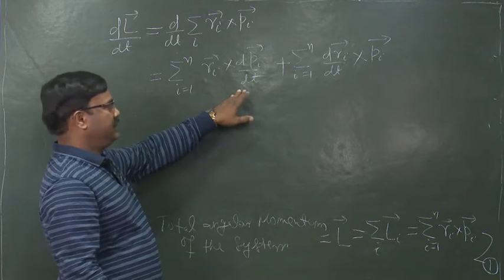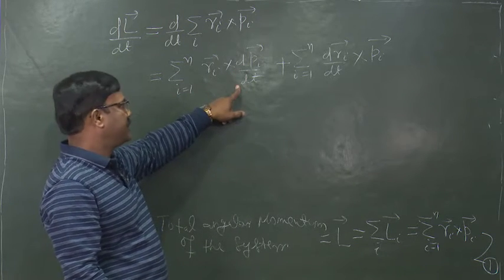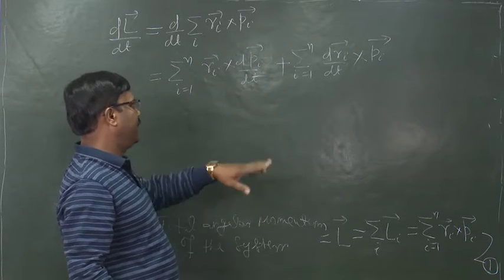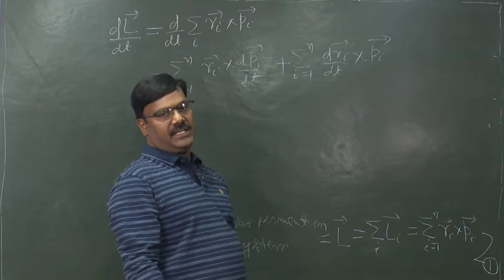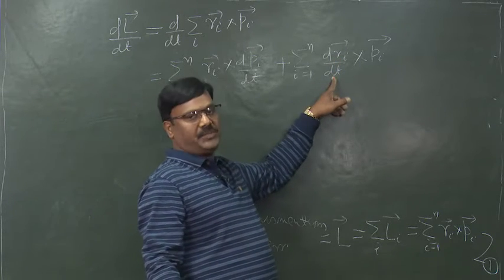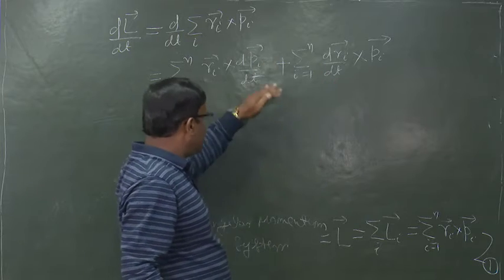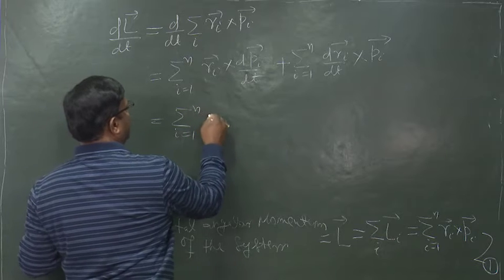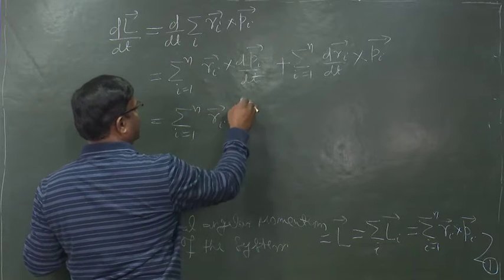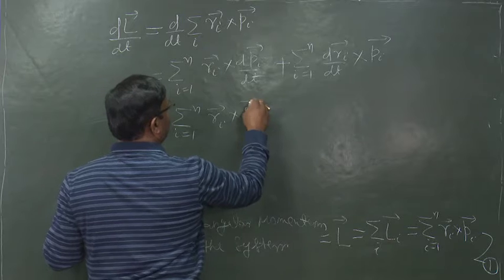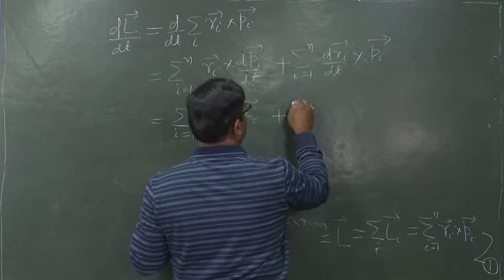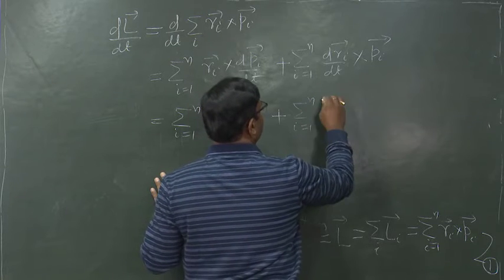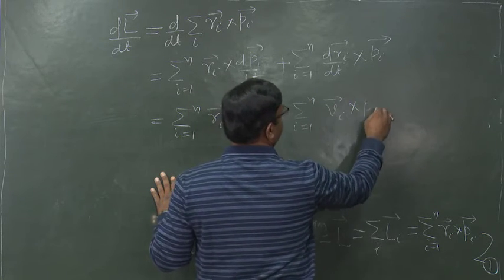But we know that dP by dt is force, and dPi by dt is the force acting on the ith particle, and dRi by dt is nothing but the velocity of the ith particle. So, this becomes the sum over i equal to 1 to n of Ri cross Fi plus the sum over i equal to 1 to n of Vi cross Pi.